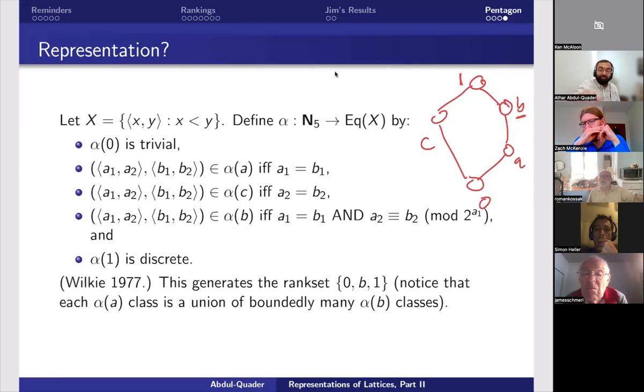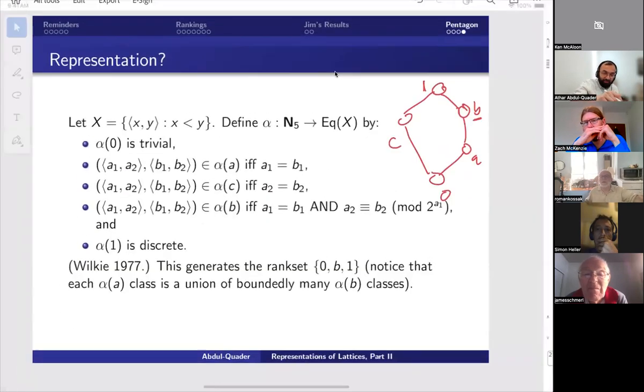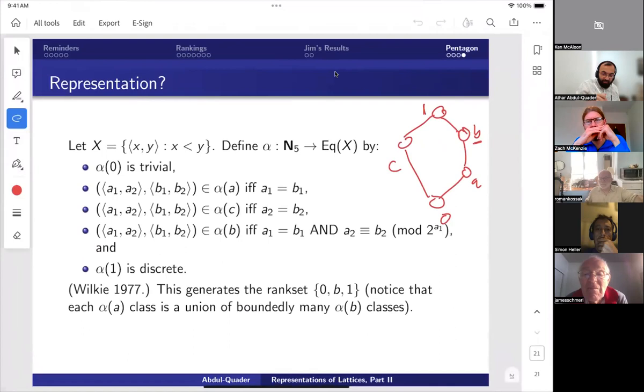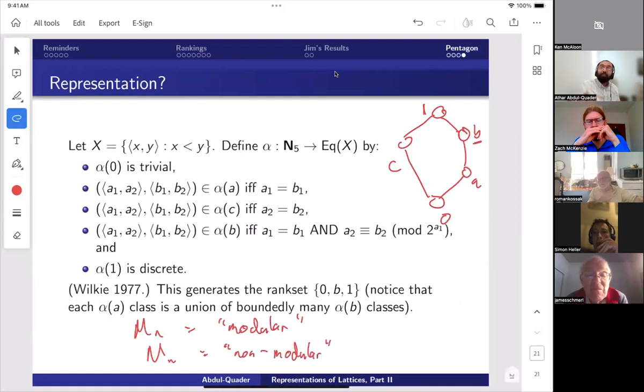The M's are modular lattices and the N's are non-modular lattices. But then I looked it up. I remember that there is some hierarchy of those M's. So the Mn are modular non-distributive lattices, and the N's are non-modular lattices. And so I guess N5 is the simplest non-modular lattice.